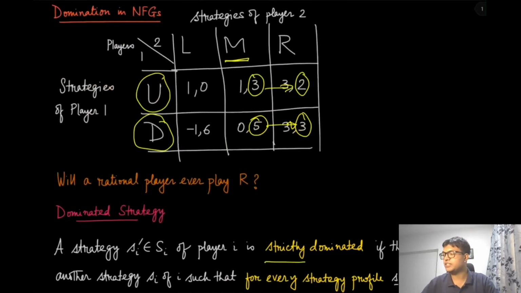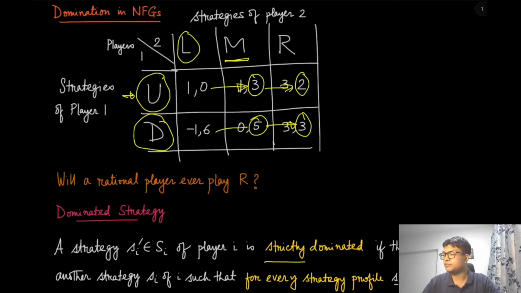in this case, we did not say that L is dominated by M, because even though when player 1 plays U you might get a strict benefit, while the other player is playing D you are not getting a strict benefit.